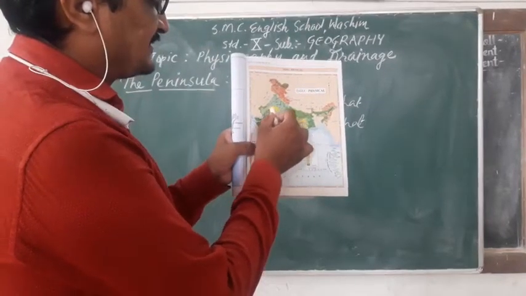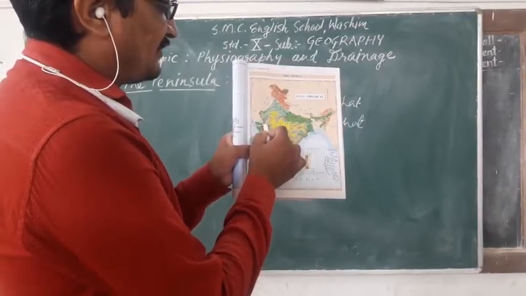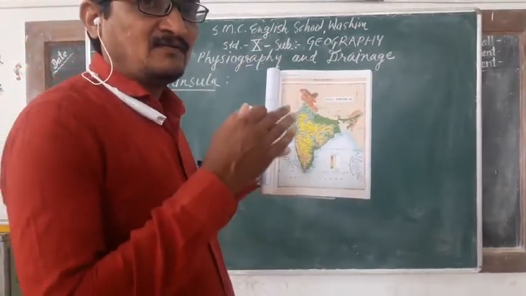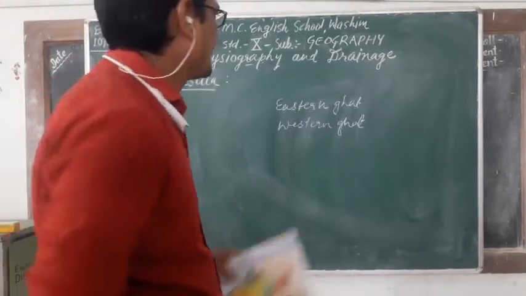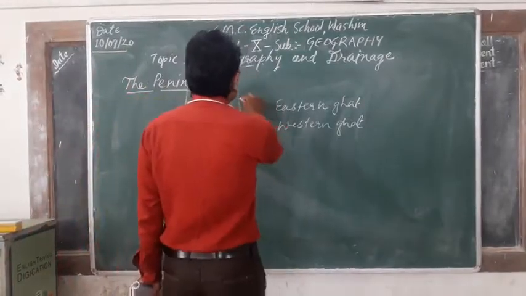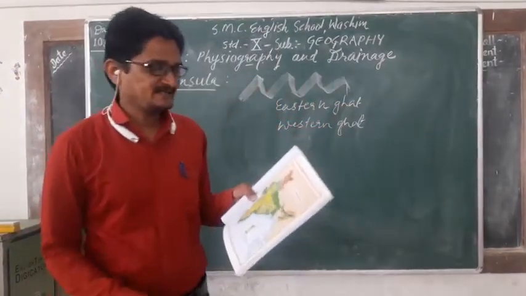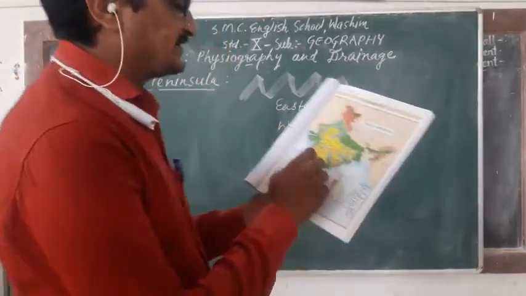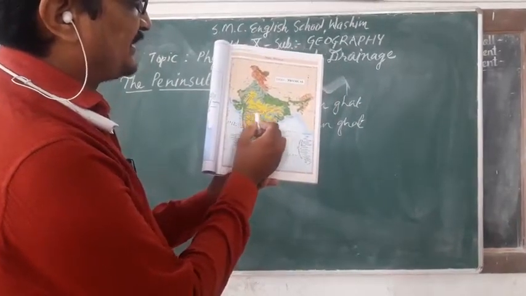In the Aravalli ranges, the mountains are all folded mountains, just like the Himalayas. Then the Vindhya range, the Vindhya mountains. Then the Satpura ranges.